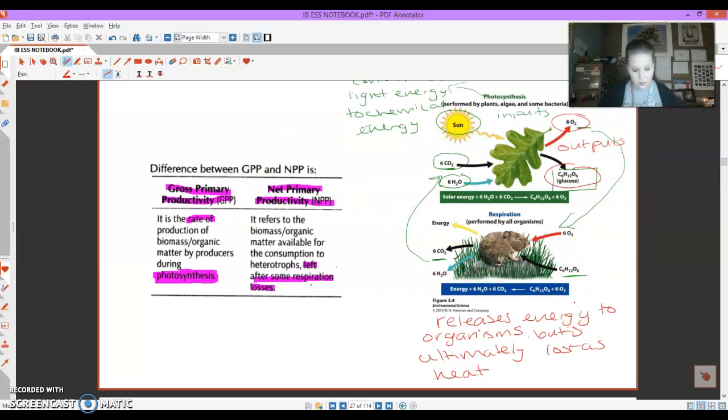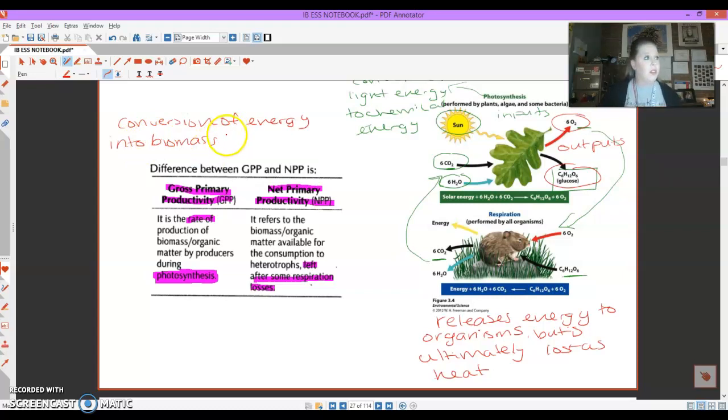again. All right, so what is happening here is the conversion of energy into biomass. Remember, we just talked about biomass. It is the amount of organic matter.